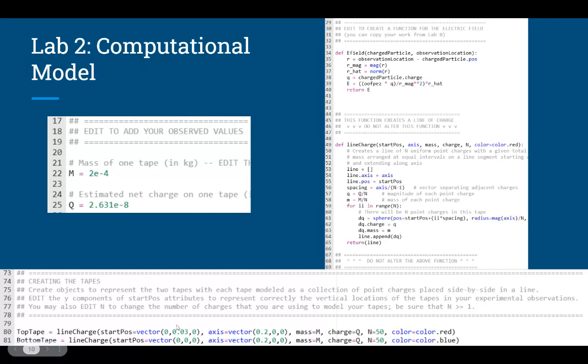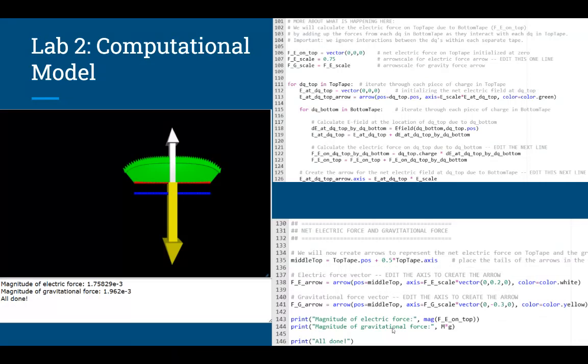The only thing we had to change here is this 0.03, which was the width of the tape. And you can see n is equal to 50, so I did this with 50 point charges. If you increase that number to like 100, the number pretty much stays the same, as if it were infinity. This is the second part of the model. This is our actual calculating of our forces and then making the vectors for them, the arrows.